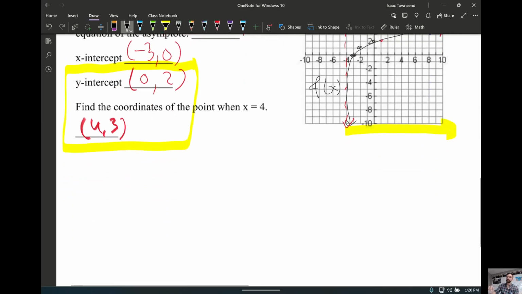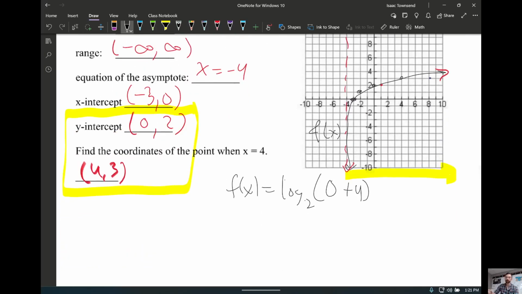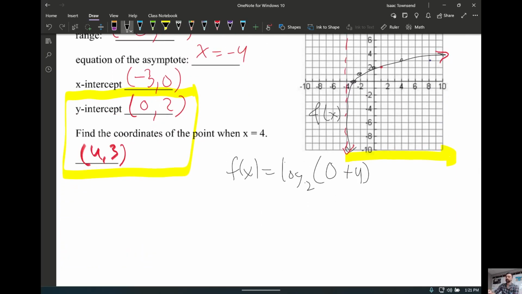You can check these very easily algebraically. Just take the equation, and if you want to know the y-intercept, you want to know when x is 0. So you could plug 0 in for x, and you could solve for y. What is log base 2 of 4? 2, which is what it looks like on the graph.